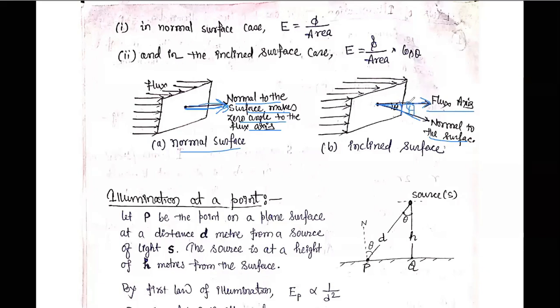Illumination will be proportional to the cos of that angle. E will be proportional to cos theta. This is what the Lambert cosine law says.